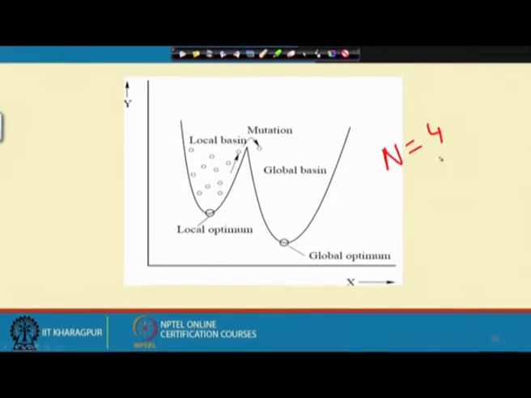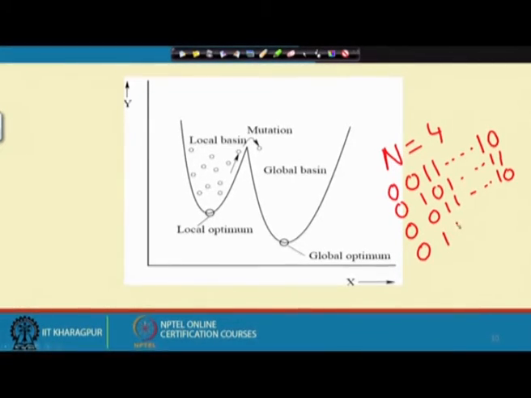Supposing that the GA strings are as follows, and in each GA string I am using only 10 bits: 0 0 1 1 dot dot dot 1 0, the next is 0 1 0 1 1 1, the next is 0 0 1 1 1 0 0 1 1 0 0 0.